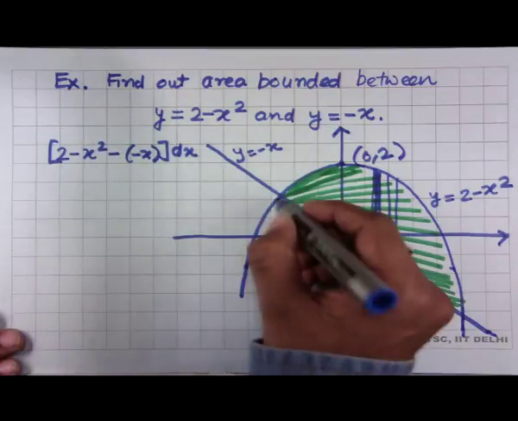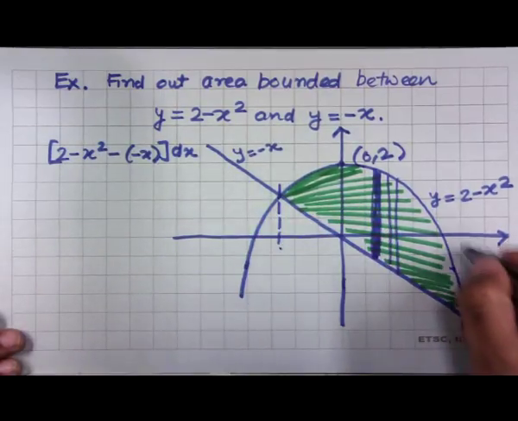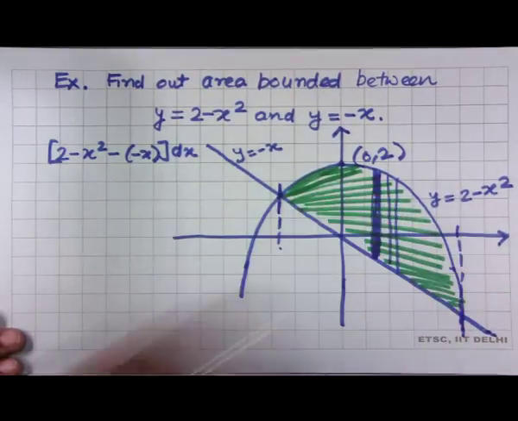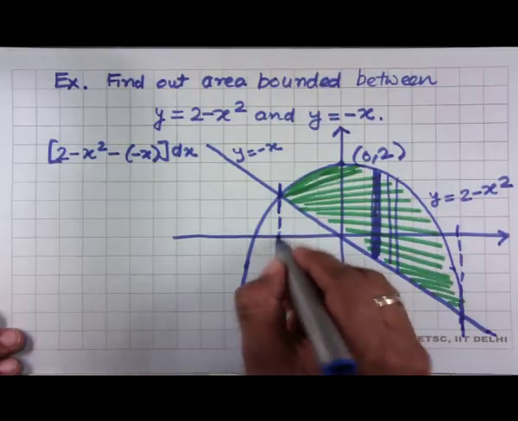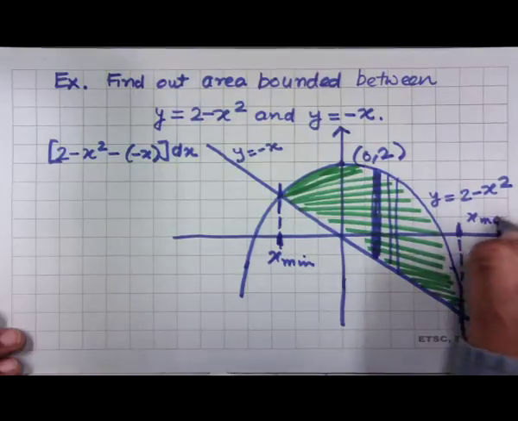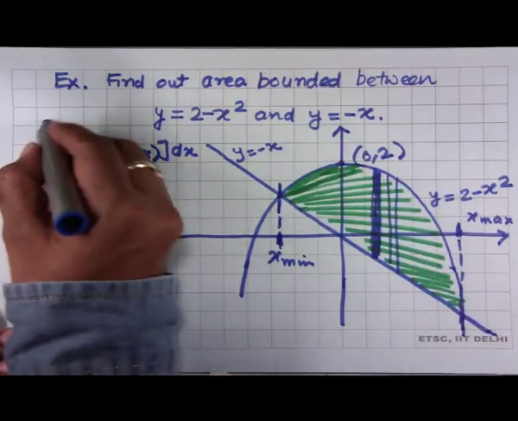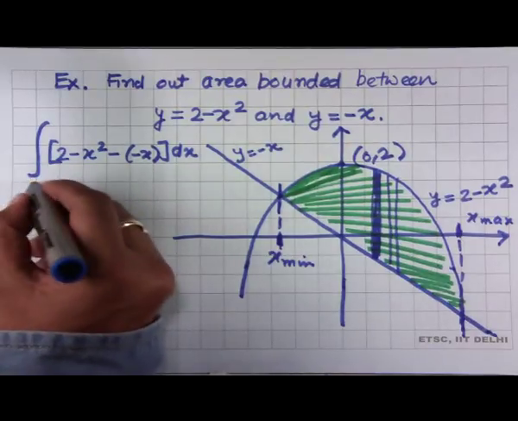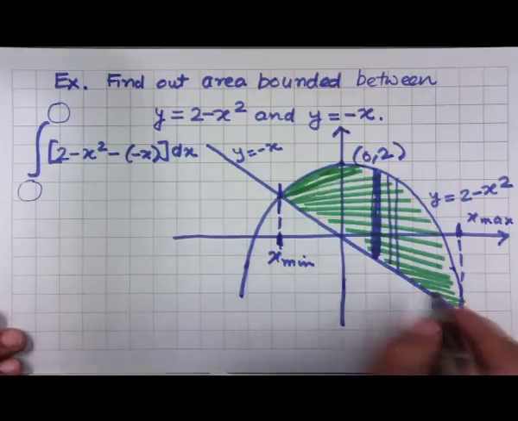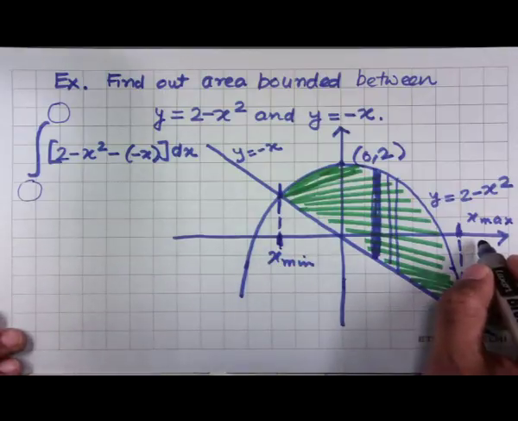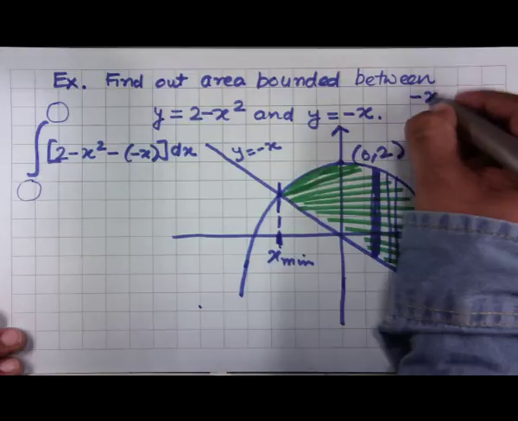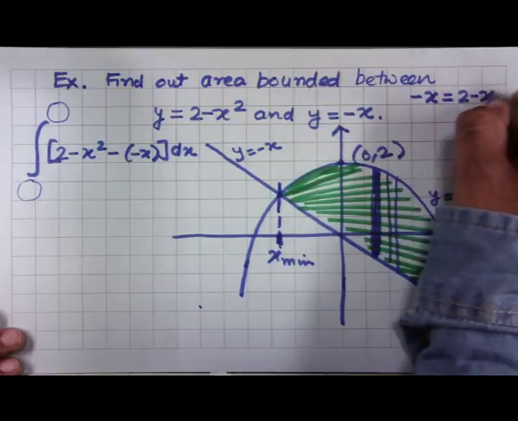Now, the values of x for which the entire shaded area is drawn, one is x minimum and the other is x maximum. We need to find both the values and then put them here. To find these x minimum and x maximum values, we need to solve the equations of both the curves. Minus x is equal to 2 minus x square.